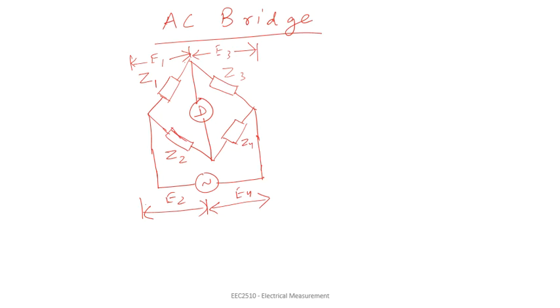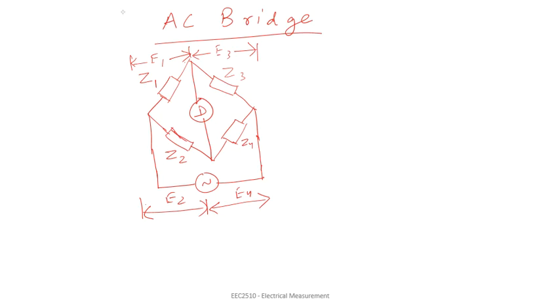As in the Wheatstone bridge, where we saw the balance condition for DC measurements, if we talk about the AC bridge, then similar to the Wheatstone bridge, the balance condition in this AC bridge will be reached when the detector response is 0.